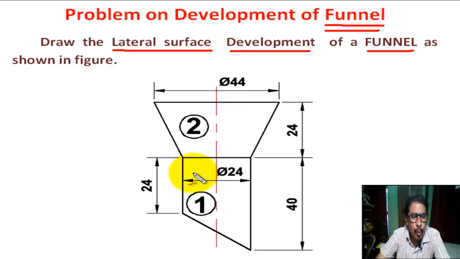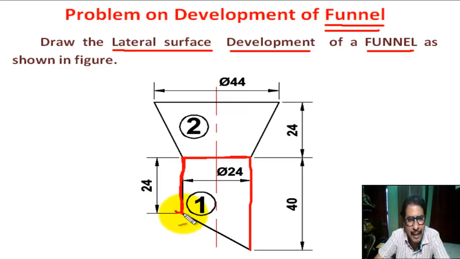First, we draw the cylindrical part 1. Draw a vertical line of 40 millimeter length. Draw a horizontal line from this point. This is 24 millimeter. Again draw a vertical line. This is 24 millimeter.